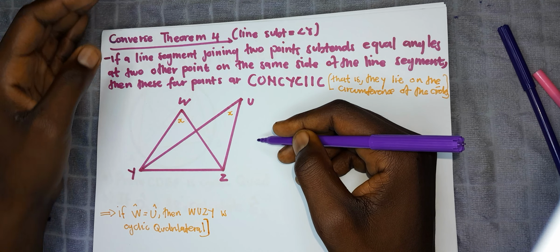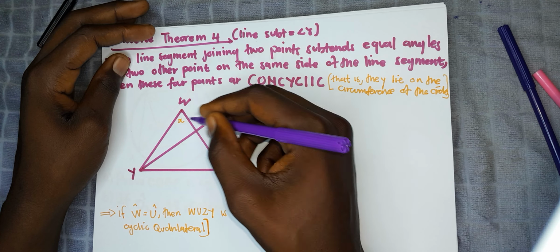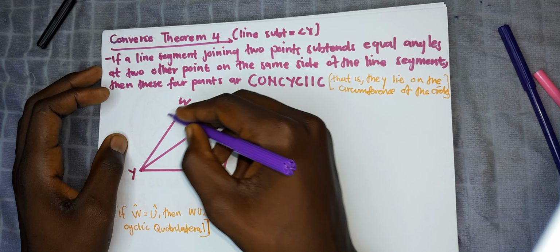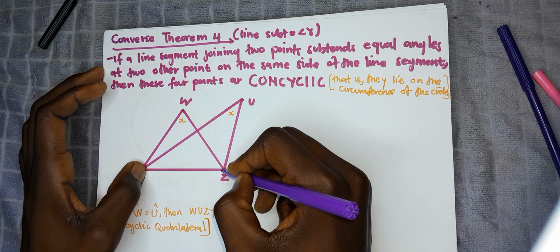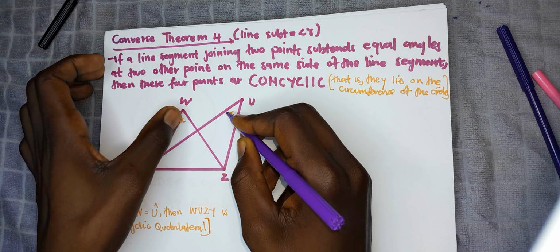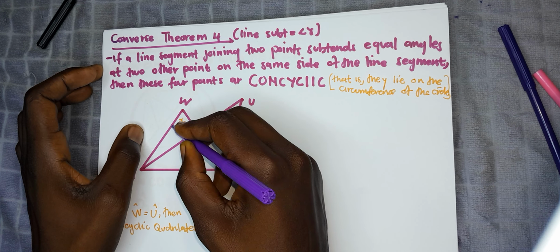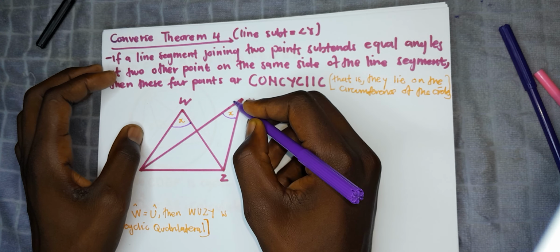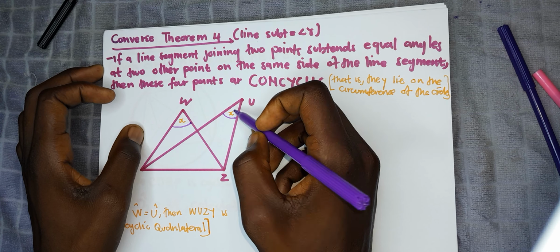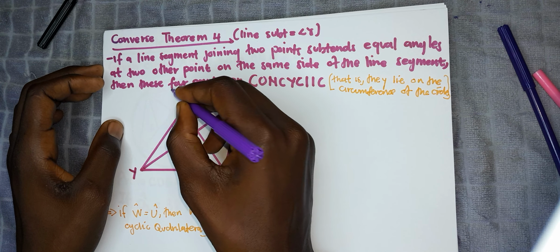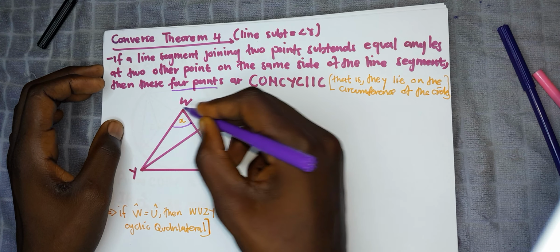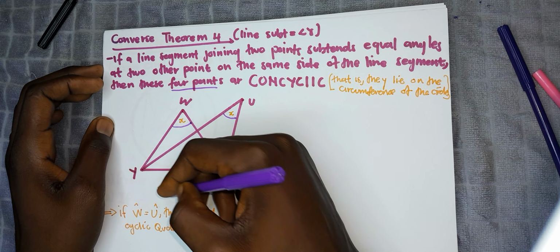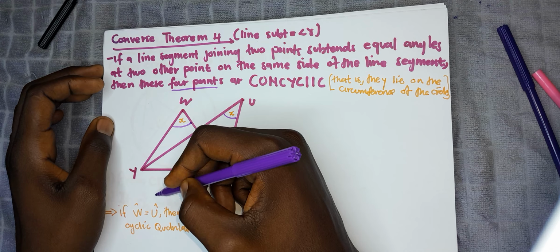So here, what they say is that if a line segment joining 2 points subtends equal angles, which are this one and also this one, at the 2 other points on the same side of the line segment, then these 4 points, this point, this point, this point, and also this point, are concyclic.